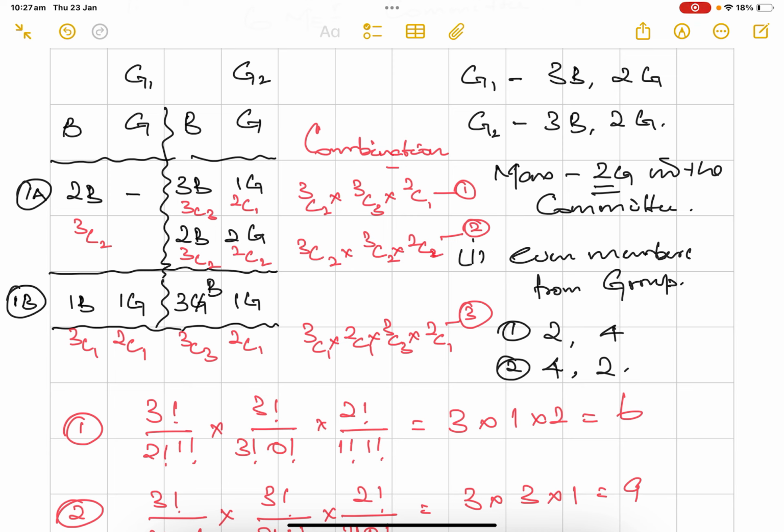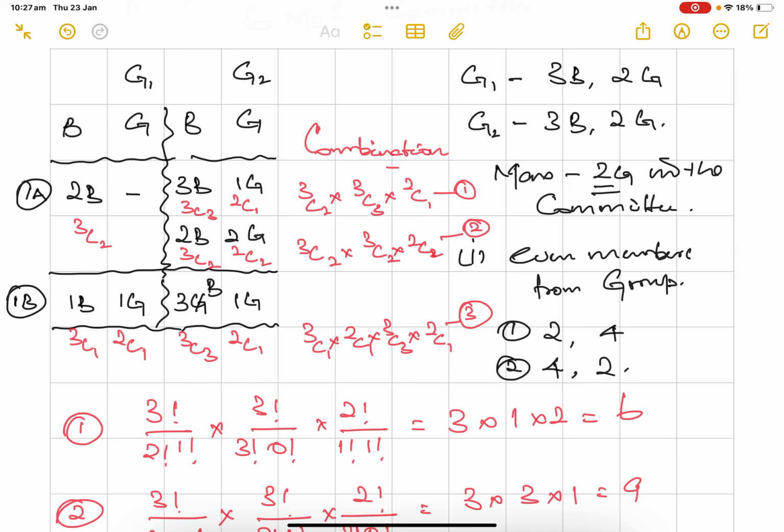And then 1 girl out of 2, 2C1. So you can work it out: 3C2 times 3C3 times 2C1. That's one equation. And the next choice, again 2 boys from group 1, and from group 2, 2 boys and 2 girls. So 2 boys, 3 out of 2, 3C2, and 2 boys again, 3 out of 2, and 2 girls, 2 out of 2, the combination.